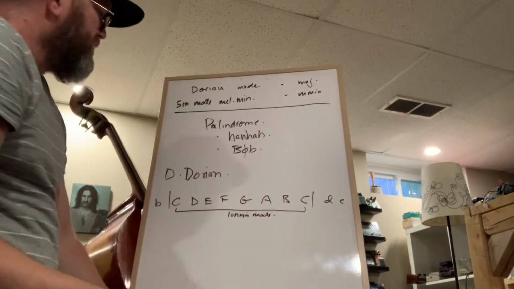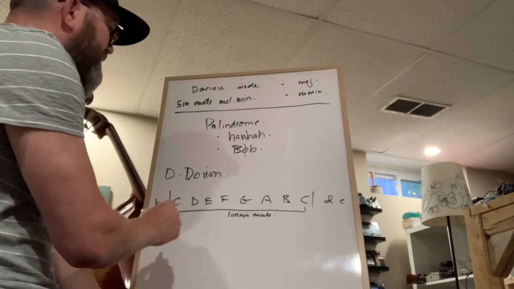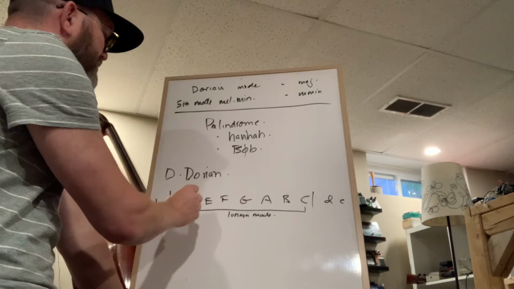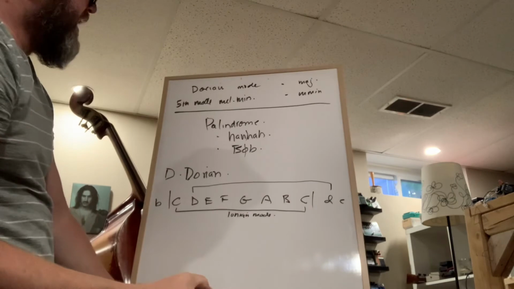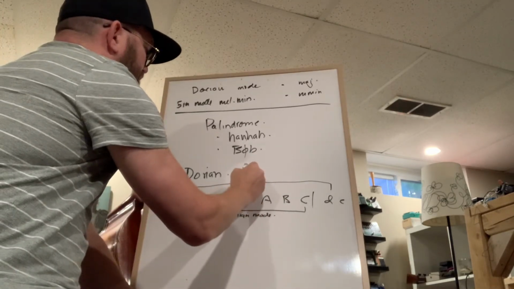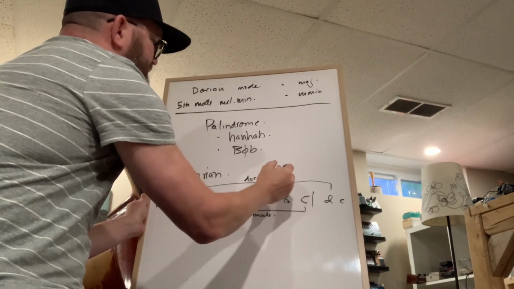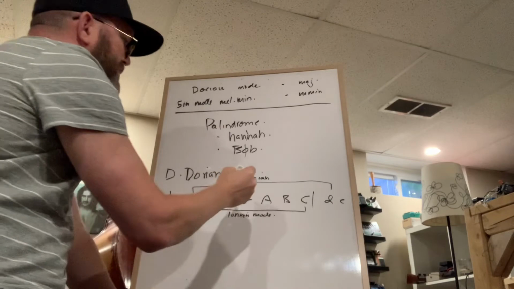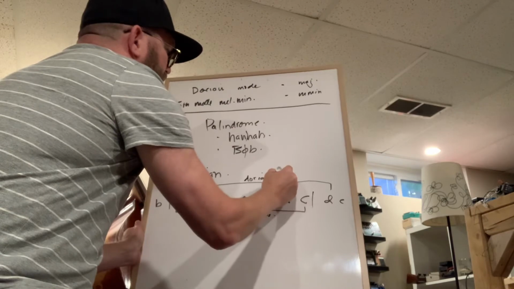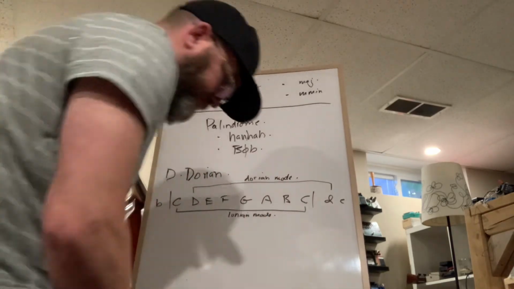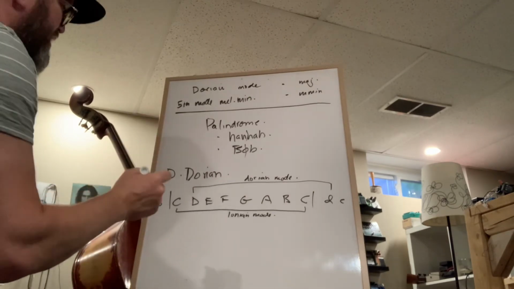Well, to get the Dorian mode, basically just start on the second degree of the major scale and go up an octave, and you get a Dorian scale, and it has this palindromic quality about it, and I'll show you. I'll prove it, unless maybe you've already noticed this.